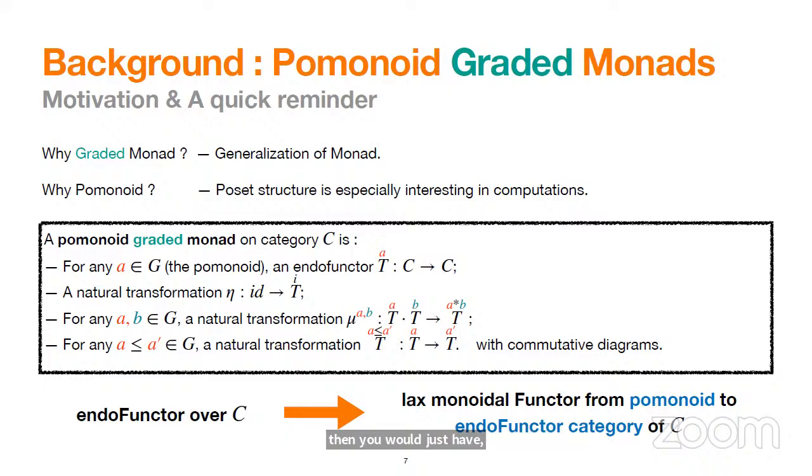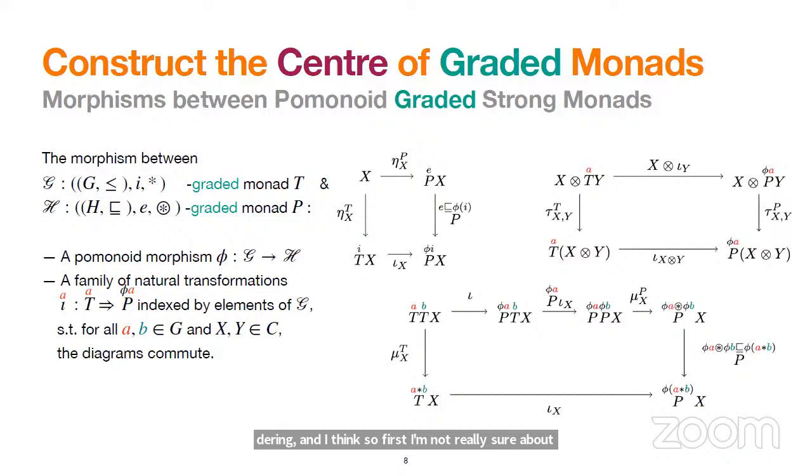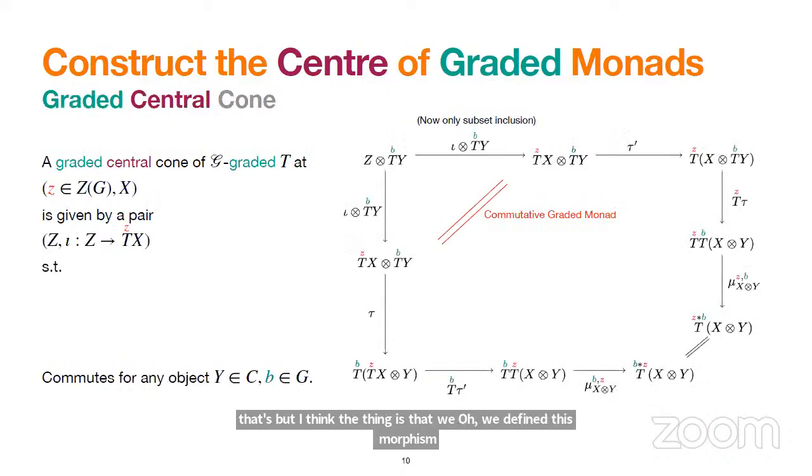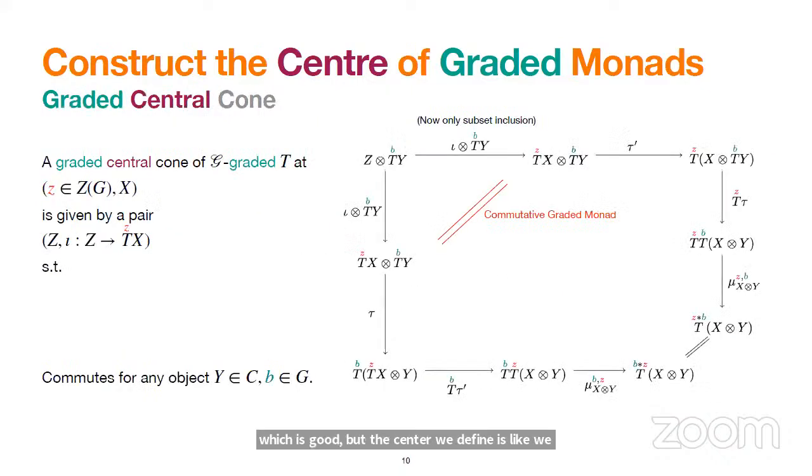Can you think of any reason why your results wouldn't apply in this more general setting? I think so. I'm not really sure, but we define this morphism, which is good, but the center we define, we simply take the subset inclusion. We haven't been able to consider more complex scenarios, but it should be done.